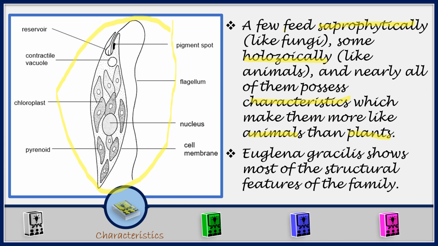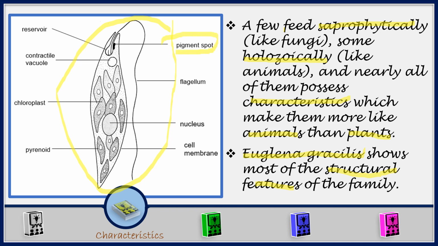The Euglena gracilis shows most of the structural features of the family. It shows us most of the features of the family of flagellates or Euglena. We have talked about the different features.